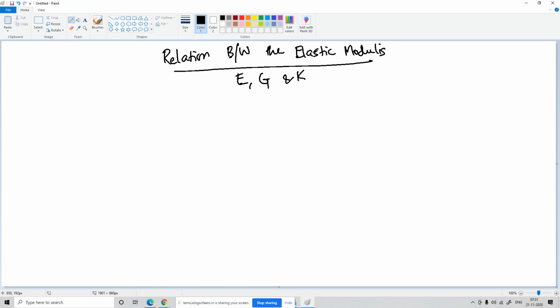We have three formulas that show how they are connected with each other.